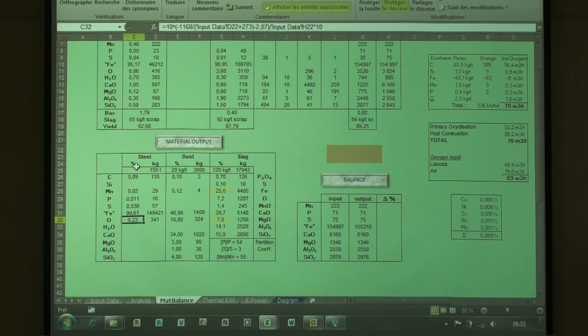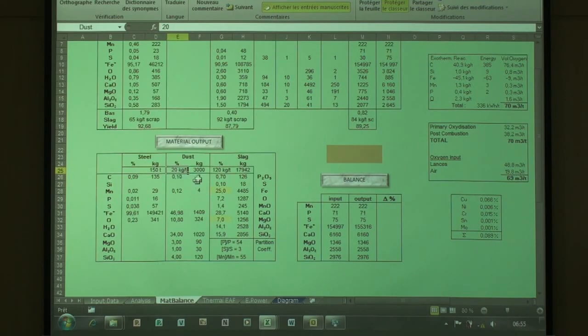And here oxygen, I put the equilibrium of oxygen depending on the carbon and the temperature. This is a well-known formula to calculate the oxygen. So this is the tons I have, and I calculate here the kilograms.